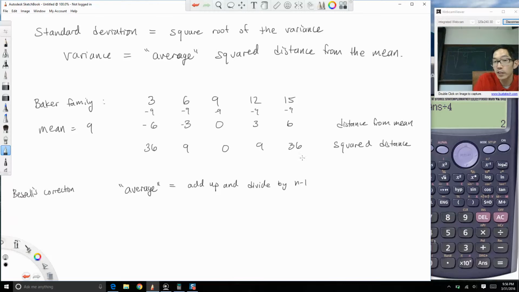So I'm going to add these up and divide by 4 rather than 5. So I'm going to do 36 plus 9 plus 0 plus 9 plus 36, and divide by 4 instead of 5.